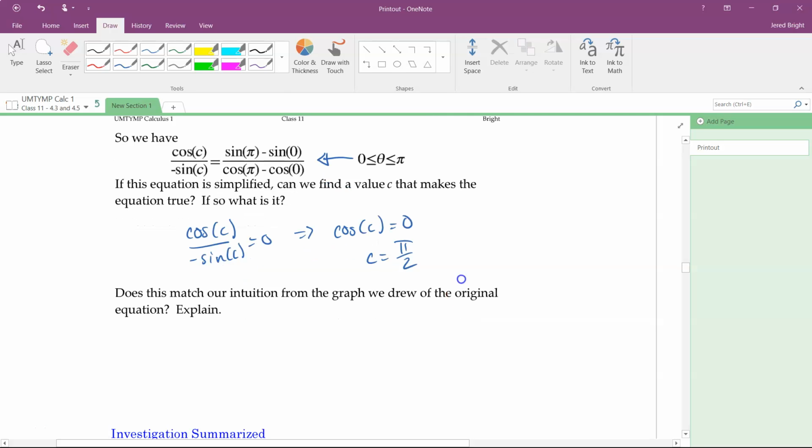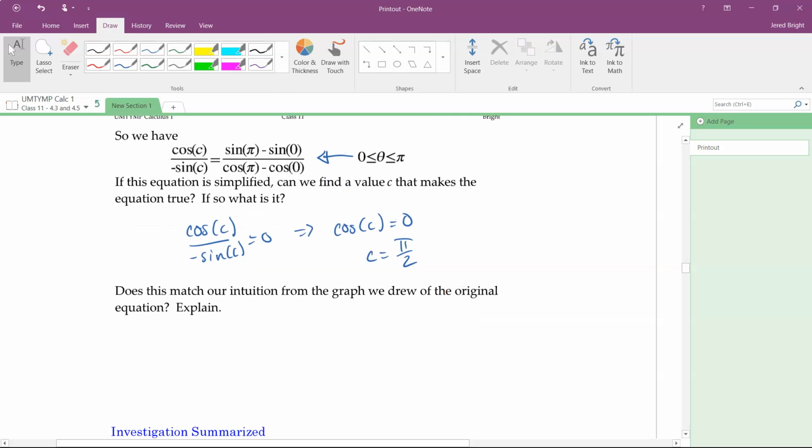Okay, and so does this seem to match what we thought before? And the answer is, well, yeah, it should. We had the unit circle, right? And we said the average rate of change between 0 and pi in this case is this green line. And then the red line was the place where we said, yeah, it seemed like we could find a place where the slope is also 0.